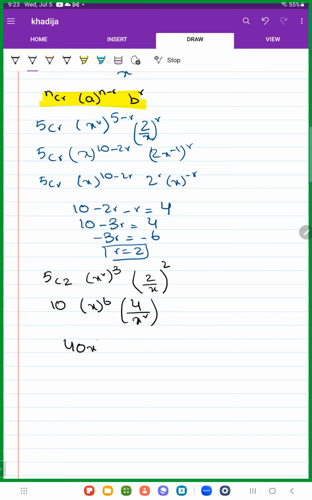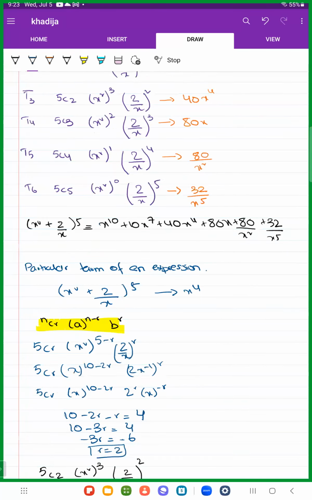I just did that though. Is it giving you a 40x cubed? Yeah, I got 40x cubed.